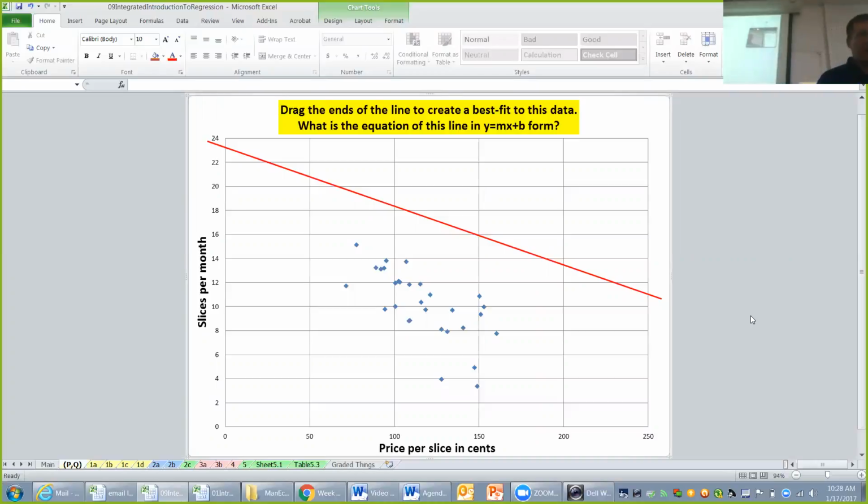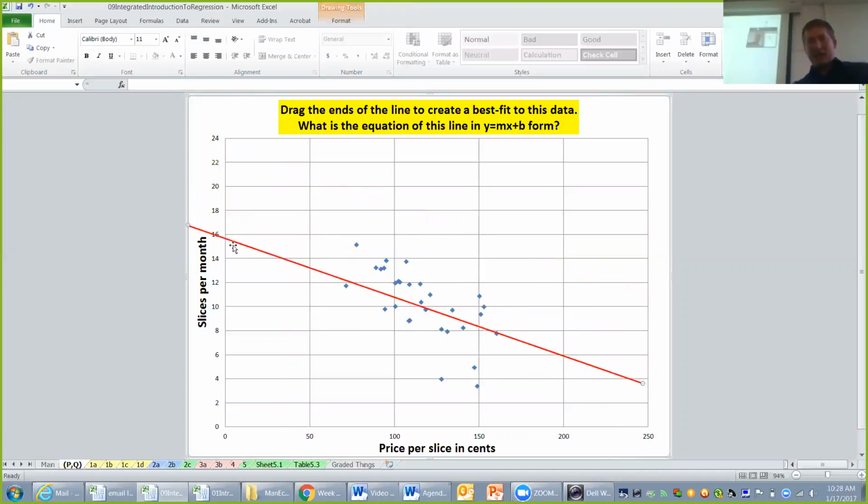And so what regression does is take a straight line and come up with the best fit. One of the exercises is to ask, how could this negative relationship, what does that demand curve look like? There's my data. Well, that doesn't seem quite right, right? So let me see if I can do this here.